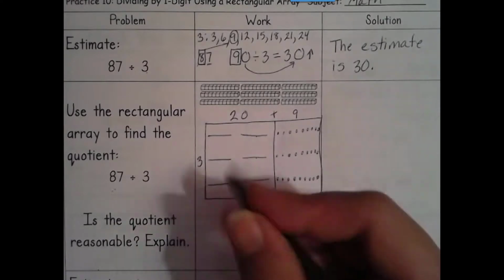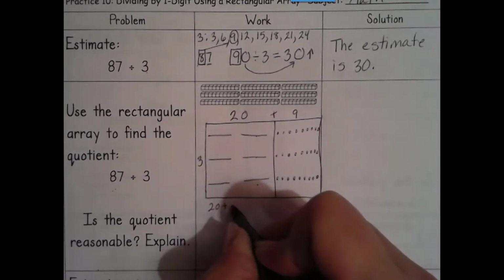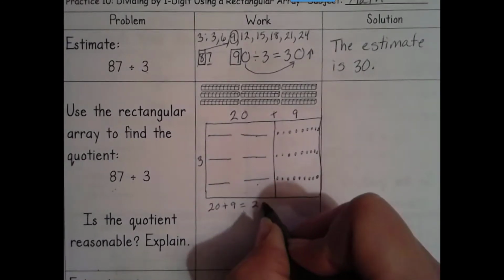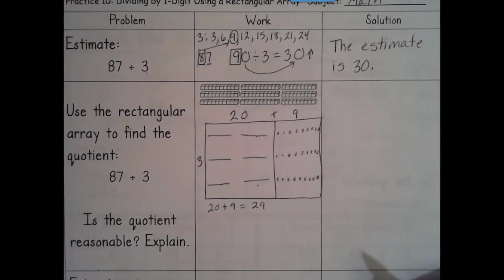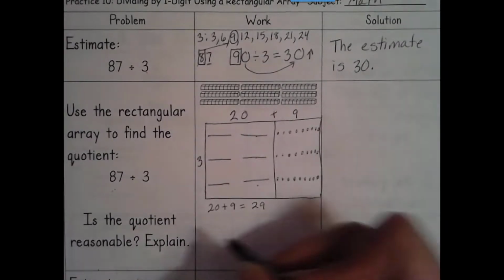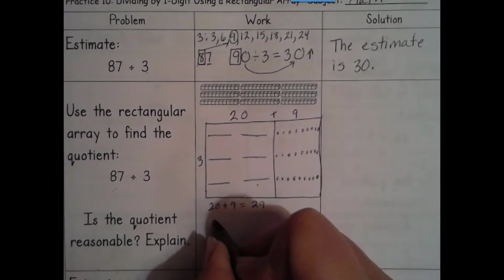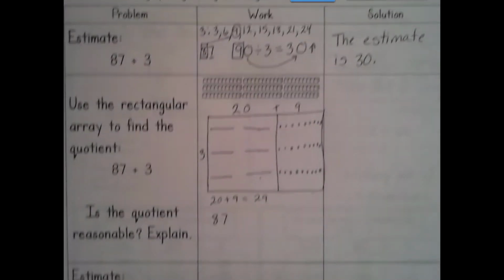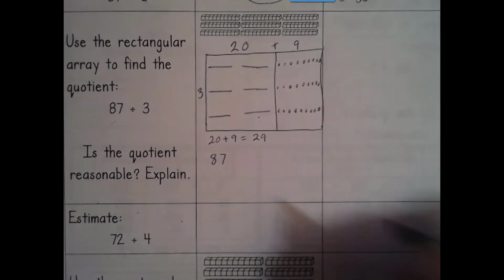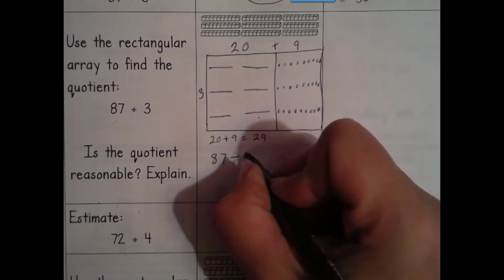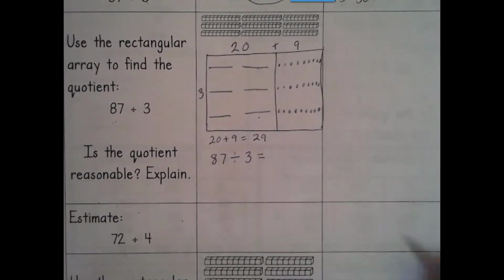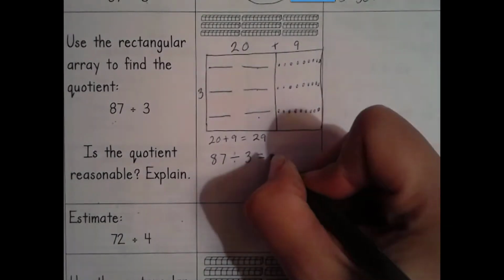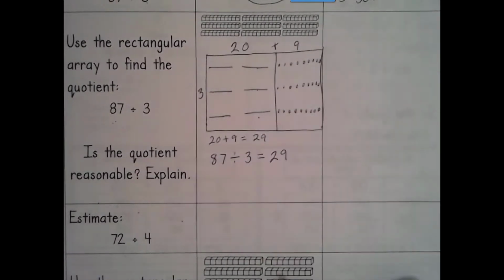So when I have 20 plus 9, that means my quotient is 29. There is no remainder. So if I have 87 total blocks, and I divide it into 3 groups, I have 29 blocks in each group.